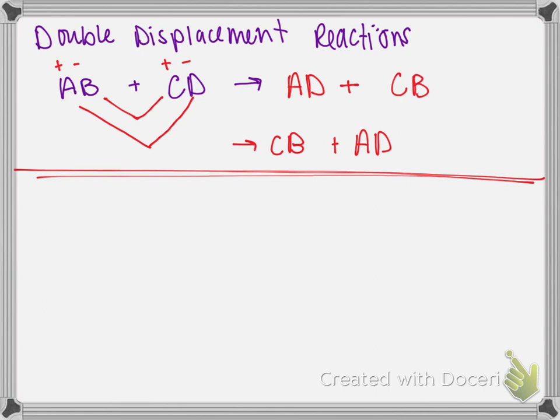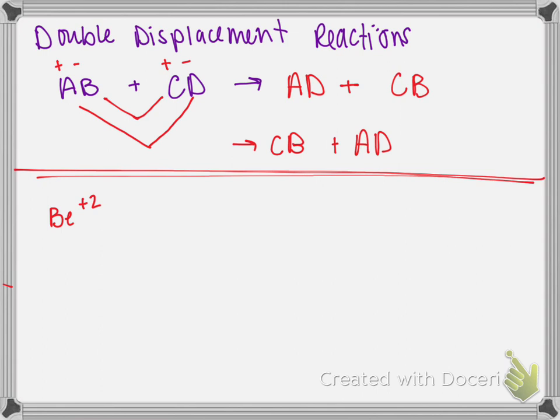Lucy, give me a cation. Which one? Beryllium. So beryllium is Be plus 2. Luke, give me an anion. Oxygen.